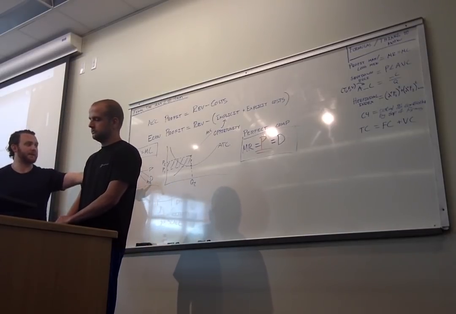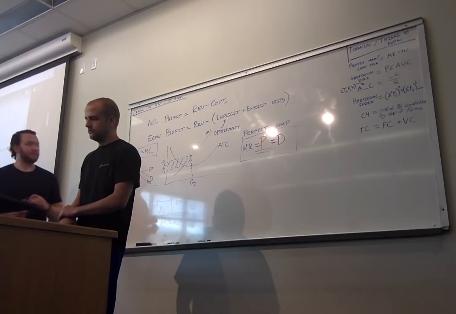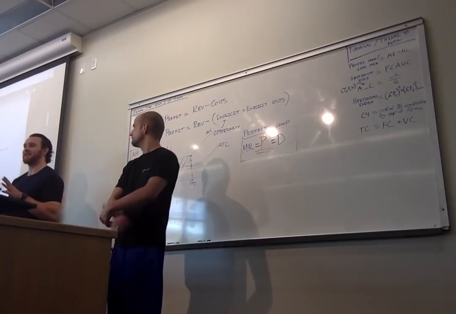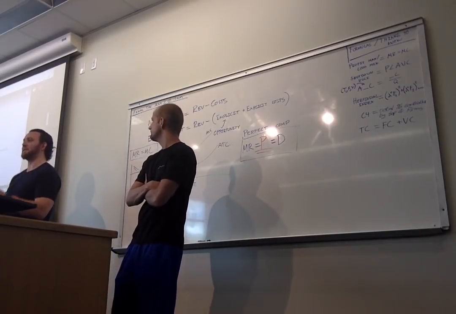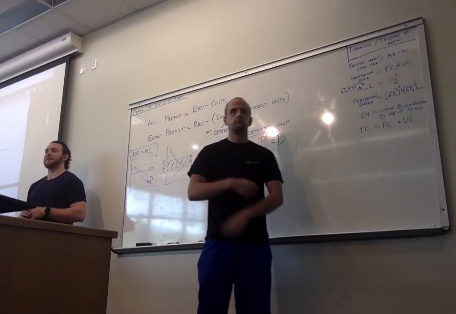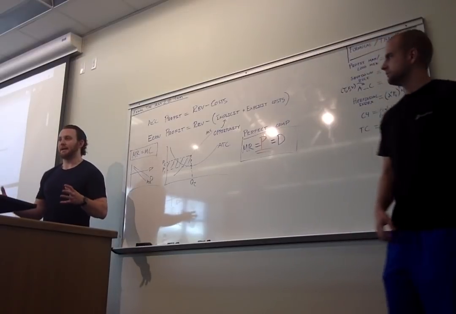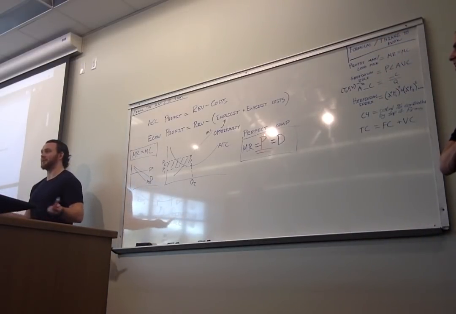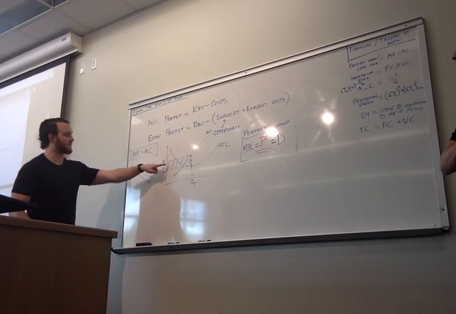Think about this. We were just showing you this. Profit is equal to what? Revenue minus costs. Revenue is all of the money you're going to be making, and then costs are your costs. So this right here is our profit.